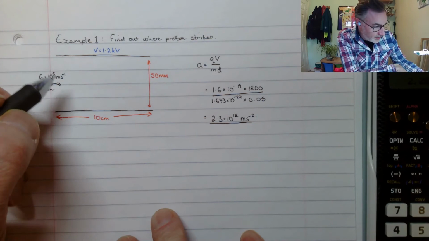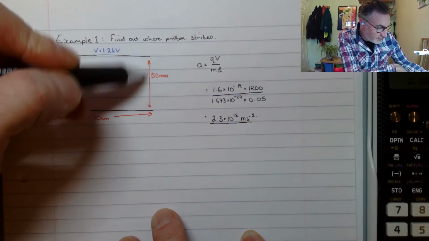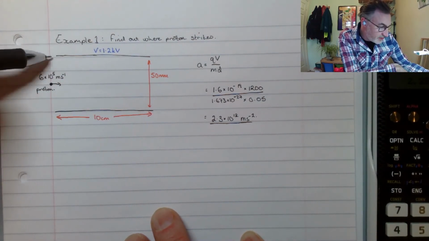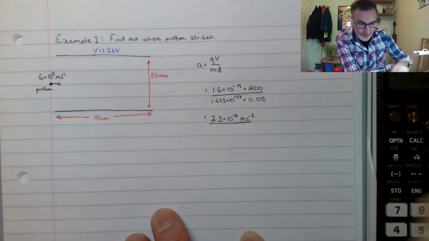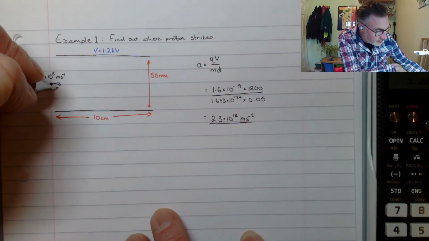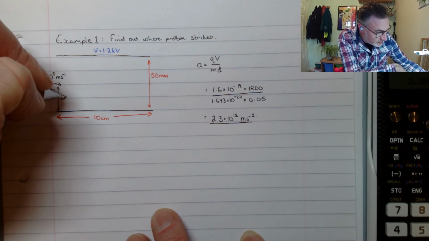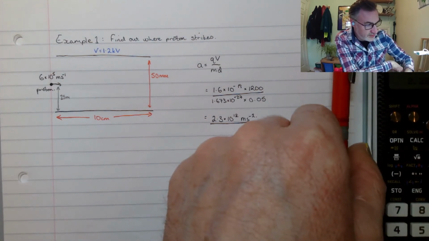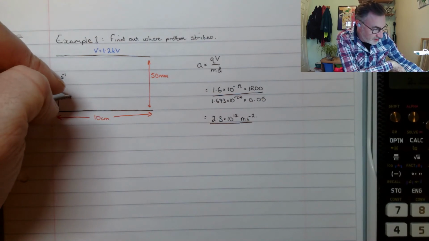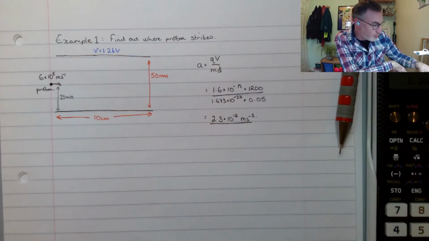Okay, so in order to do this, if this is 50 millimeters, and I previously said that we fire it directly in the middle, then we're going to have 25 millimeters from the bottom.